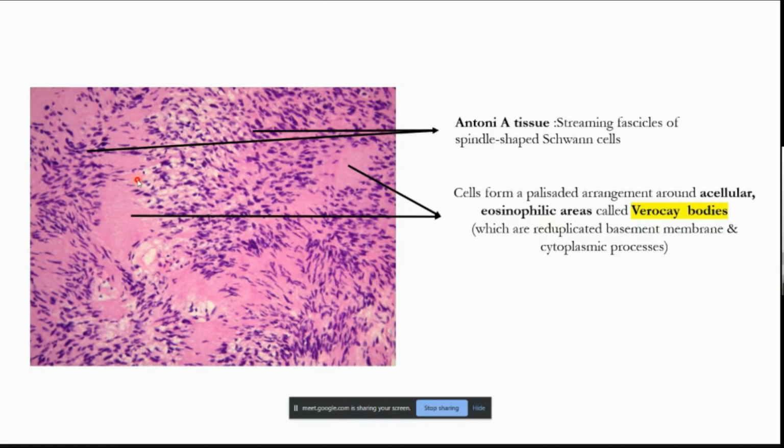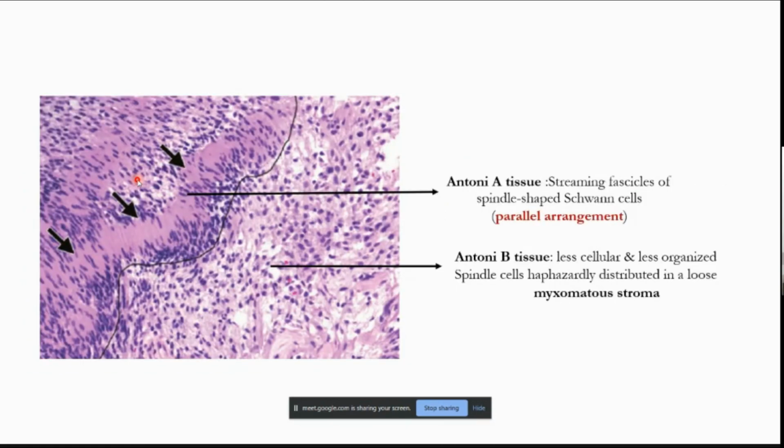Let me show you. This is another picture which is very clear. This is the Verocay body, the eosinophilic area, and this blue thing is actually your spindle cells with the nuclei. They are your Schwann cells. These spindle-shaped Schwann cells are arranged in streaming fascicles around the Verocay body, and that is called Antoni type A. In Antoni type B, we see the spindle-shaped cells, but they're not arranged in a specific manner like Antoni type A. They're haphazardly distributed in a loose myxomatous stroma.